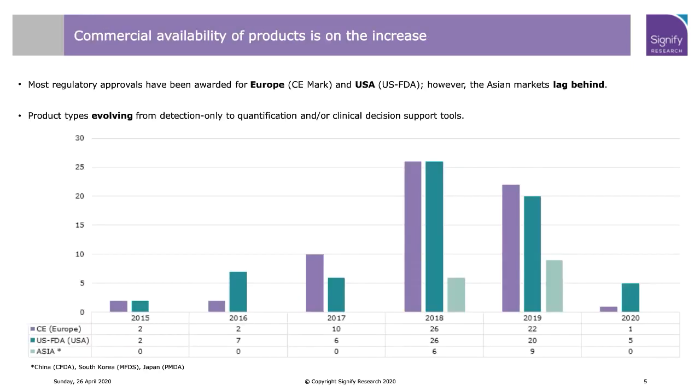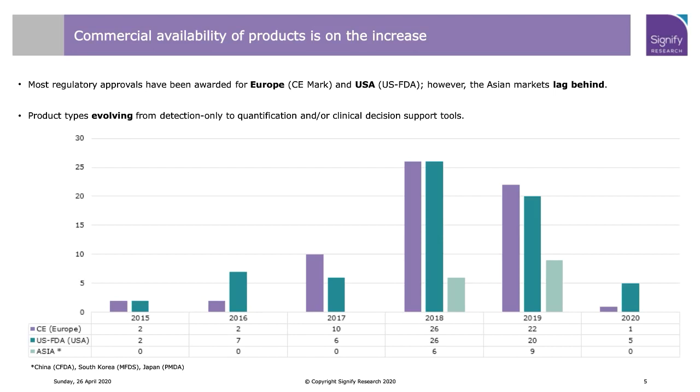As more regulatory approvals are awarded, and I touched on this earlier, the number of solutions that are commercially available will also rise. Leading the way is Europe and the US. Over the last 5 years, the US FDA have cleared 64 AI algorithms or solutions for commercial use.